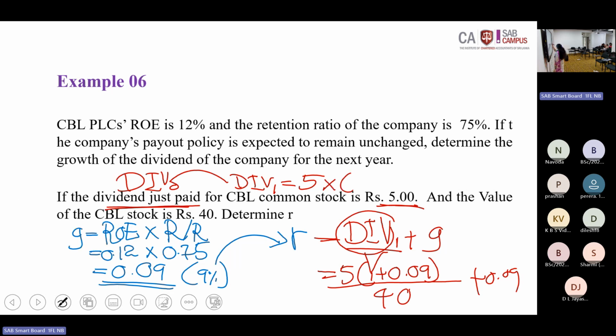What's the value of DIV1? Next year's dividend, 5.45.